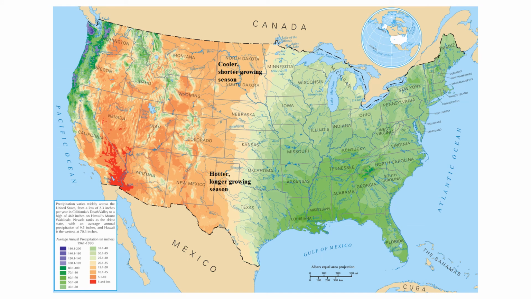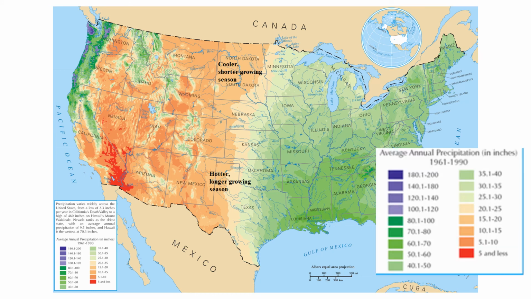Here east of the Mississippi, and this includes, of course, Tennessee, where we are. Let's take a closer look at this scale here. You can see that for the most part, those areas east of the Mississippi are the areas that get somewhere between 50 to 80 inches of rain per year.